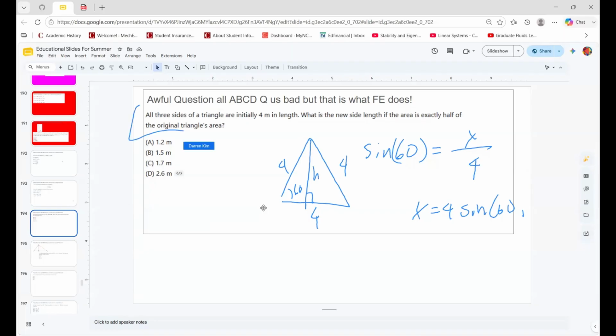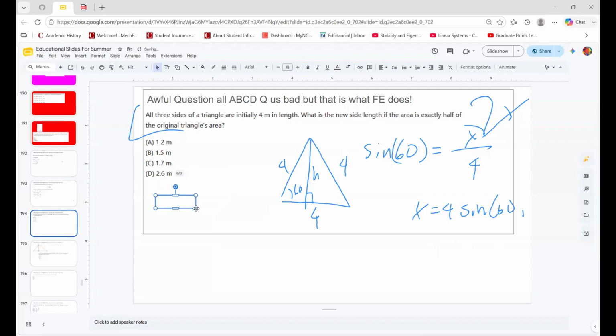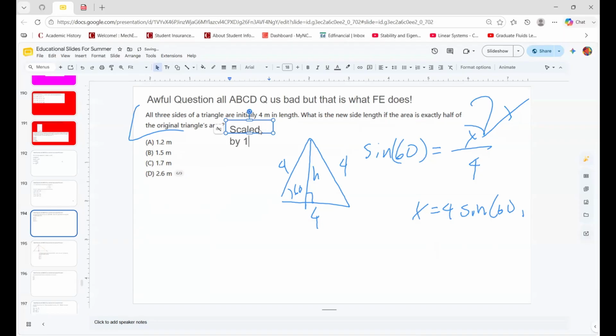Okay, the wording on this question is god awful. It is saying it's scaled down by a half. Since this question is awful, I'm just going to change the answer key. Actually, no, we'll just add over here scaled by 1/2. There we go. These questions are bullshit.